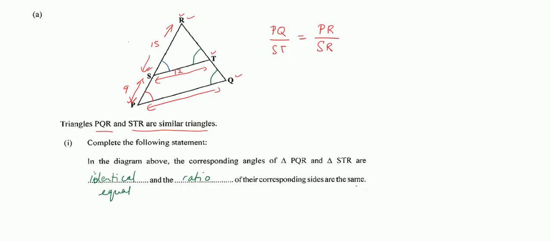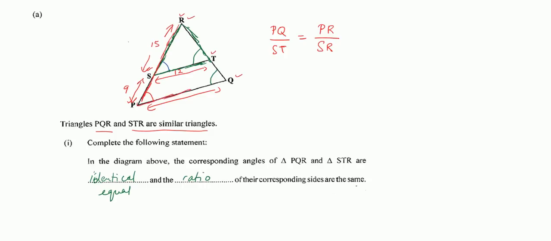I want you to make sure you understand what I'm saying here. I'm going to use different colors. We have this triangle here, which is RST, and we are saying that triangle is similar to PQR, which is this bigger triangle here.